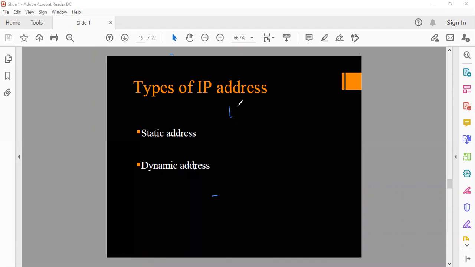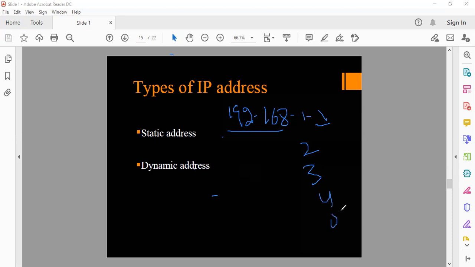Suppose it is classful IP addressing, and this is our network portion. You will use, suppose, 2 as the first address, then 2.3, then 4, then 5, then 6.